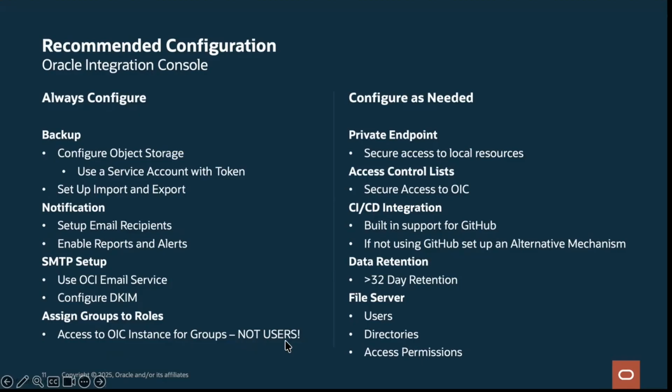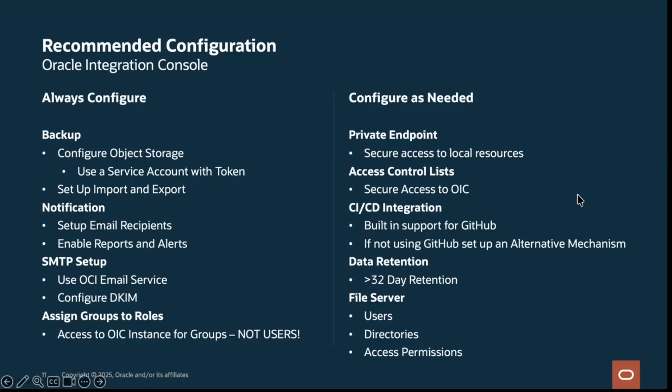It's very easy to add users to groups as their roles change, and you often can use the same group for multiple things because that group should have access to a common set of resources. So these are things that you should always do for every instance. Make sure that you've configured backup, notification, that you're using the OCI email service, and that you've assigned the groups to the roles that they need.